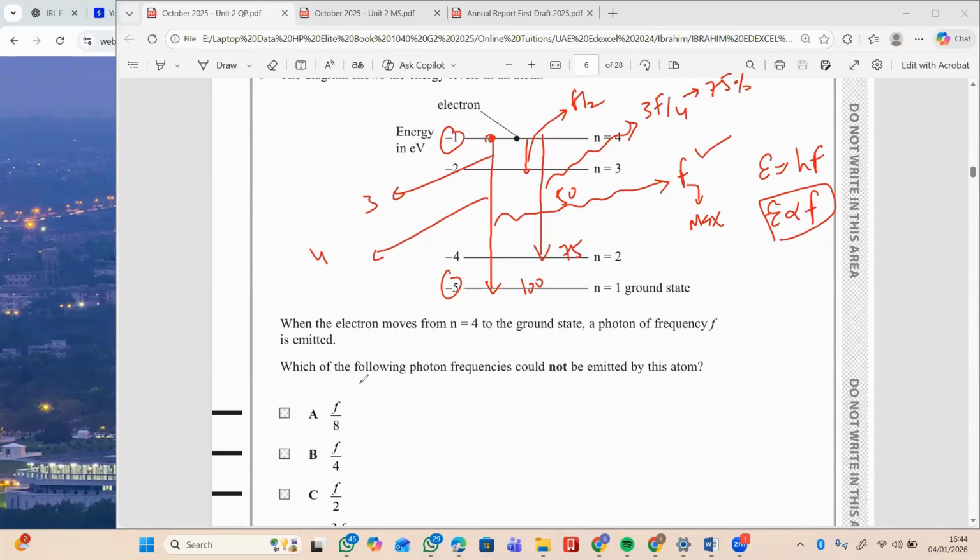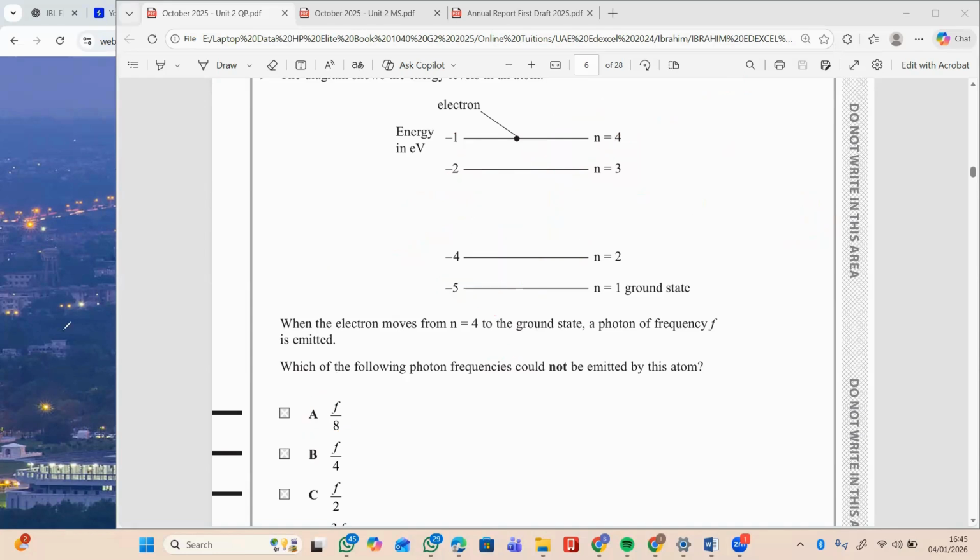Whatever you get, it can be maximum up to quarters. So this one is definitely not fitting anywhere in this combination of the emitted photon energy. Therefore, it is extremely small compared to the possible combinations. Therefore, I'll say f over 8 is the only option.